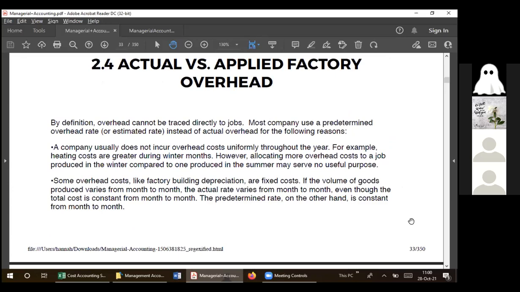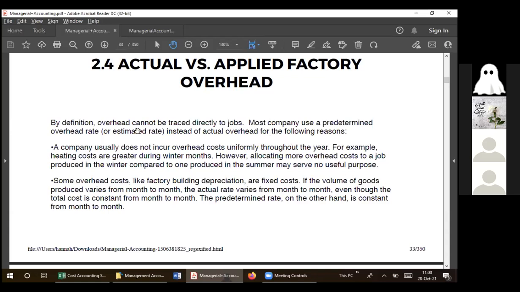Now you will get a combined electricity bill for the complete manufacturing facility or the manufacturing plant. You won't get a bill separately for assembly line 1 and assembly line 2. There is just one electricity bill for the whole company. So it becomes difficult to apply that electricity bill to manufacturing line 1, 2, or 3 if you have multiple lines. So that makes it difficult to trace overheads directly to the jobs that you're doing.